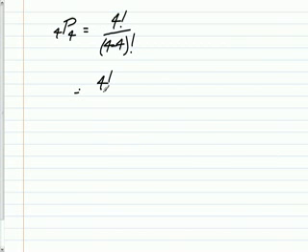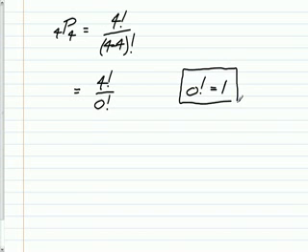And that's actually one of the weird things about factorial notation. 0 factorial has this odd definition of equaling 1. It seems counterintuitive because 0 times anything is 0, and yet 0 factorial would be 1. That's just sort of to make this formula work. That's why that definition is there.